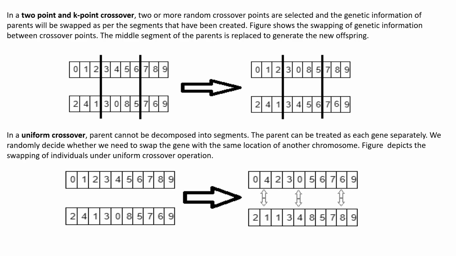So there's another type of crossover which is known as uniform crossover. Here the parent is not cut or decomposed into any kind of segments. But each of these units is treated as a separate gene, and you randomly decide if you want to swap out the gene for the other gene or not, but from the same location.